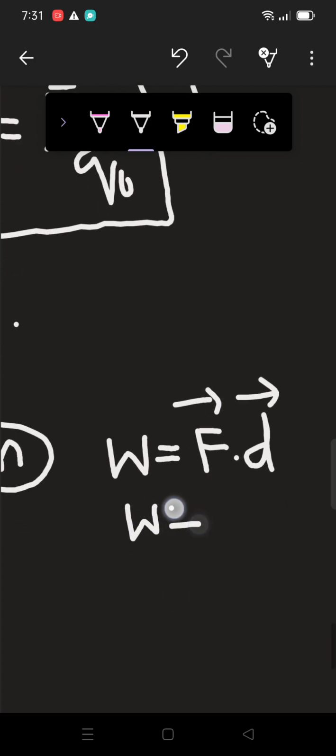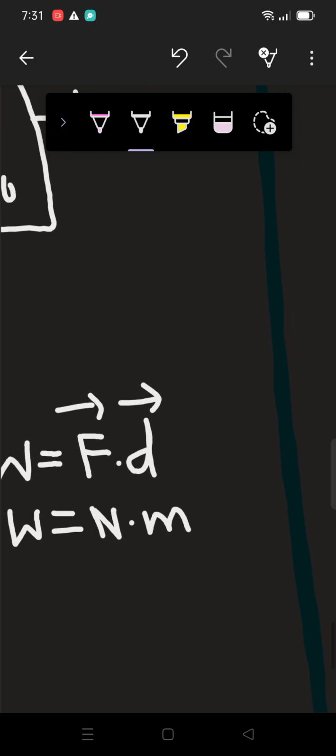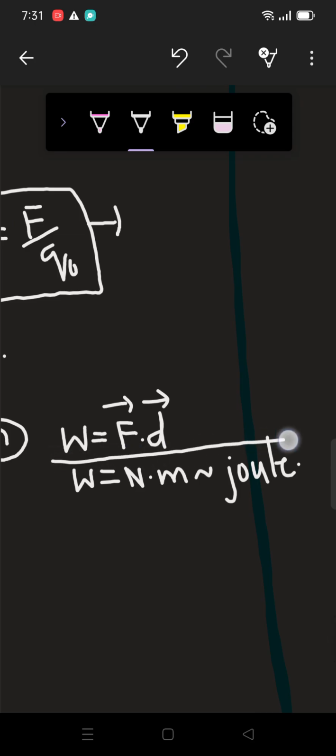Now see, the unit of force is Newton, and the unit of displacement is meter. And Newton dot meter was equivalent, not equal, however equivalent, and this is the sign of equivalent, right? It was equivalent to joule.